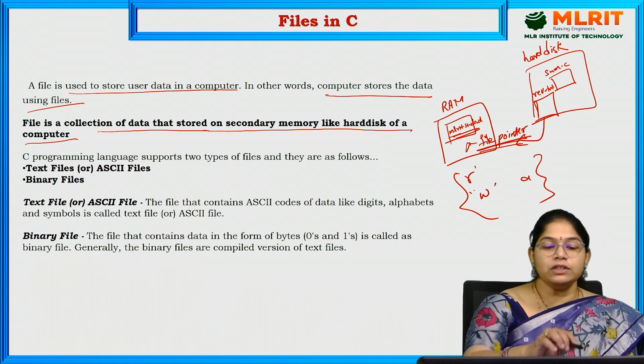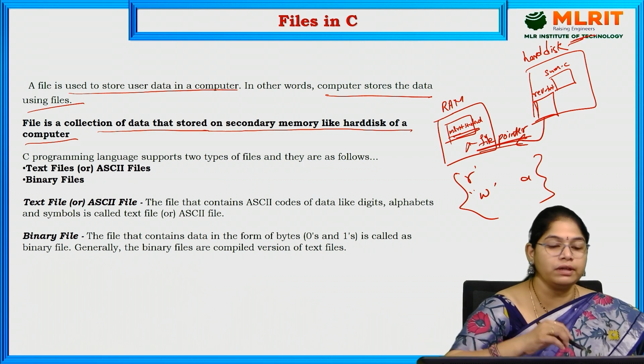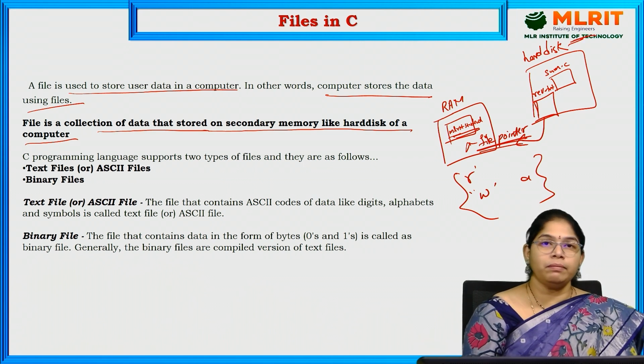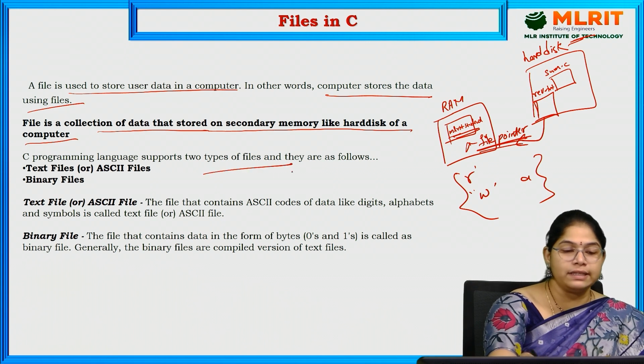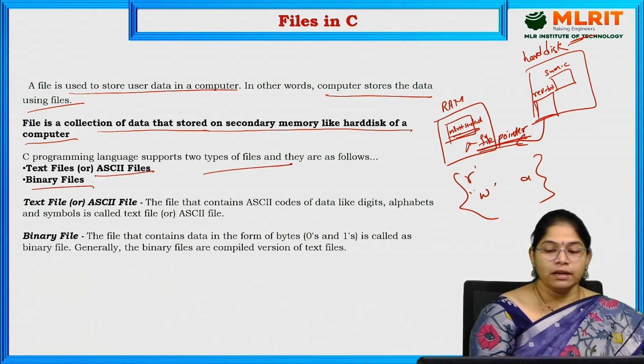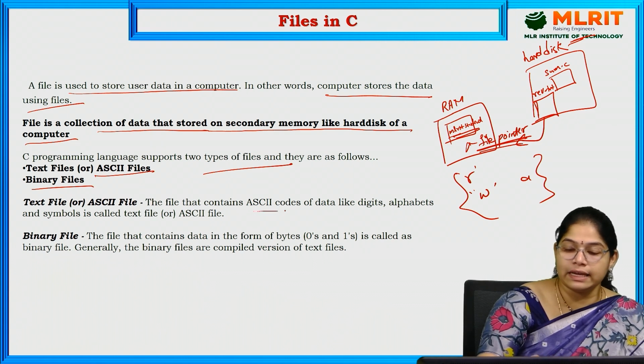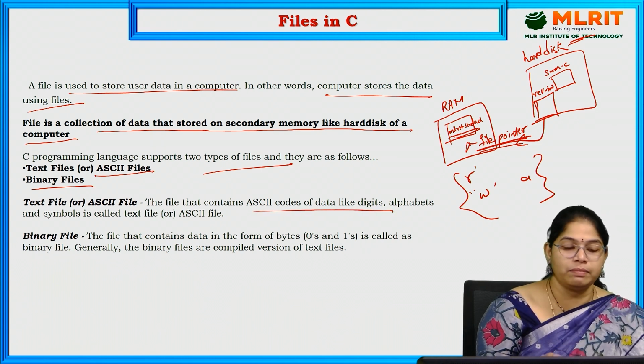So a file is a collection of data that is stored in the secondary memory like the hard disk of a computer. The C programming language supports two types of files: text files, which are also called ASCII files, and binary files. Text files contain ASCII codes of data like digits, alphabets, symbols.